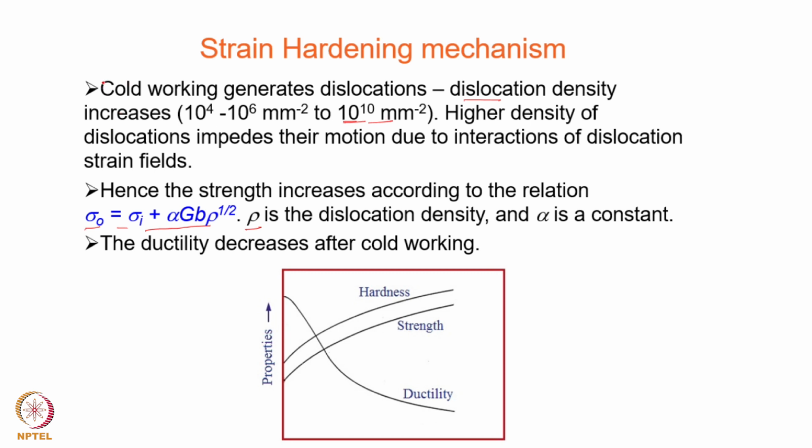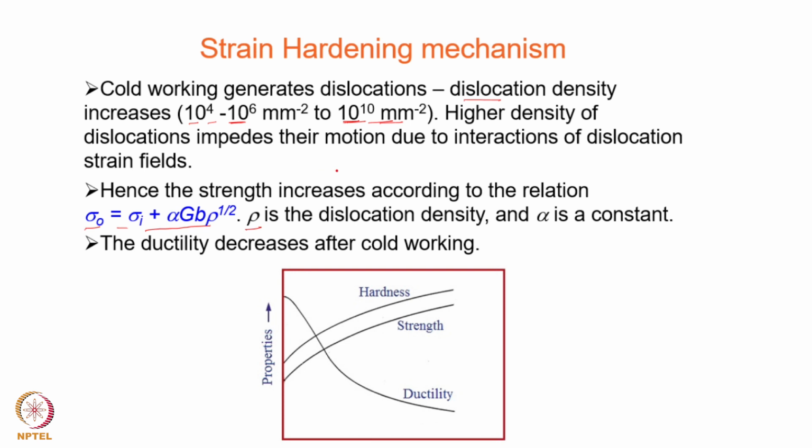So in a normal annealed material, you have dislocation density in this range, but when you do some cold working, you can see that the dislocation density is increasing by orders of magnitude. From 10 to the power 4 to 10 to the power 6, it is going to 10 to the power 10 per millimeter square.